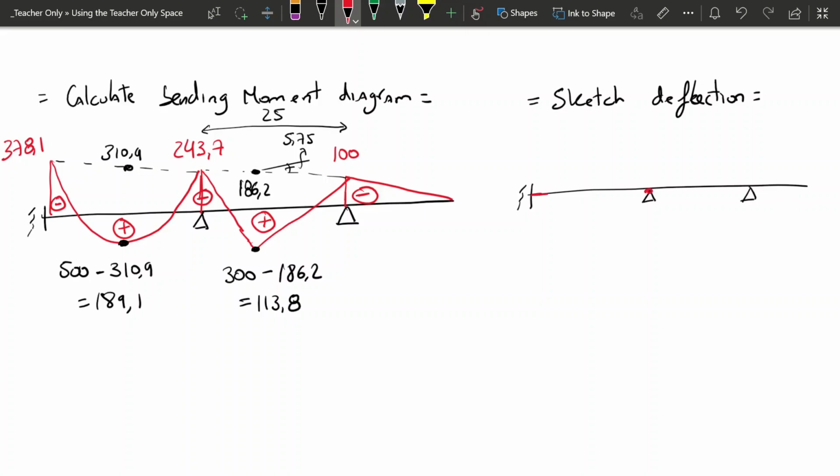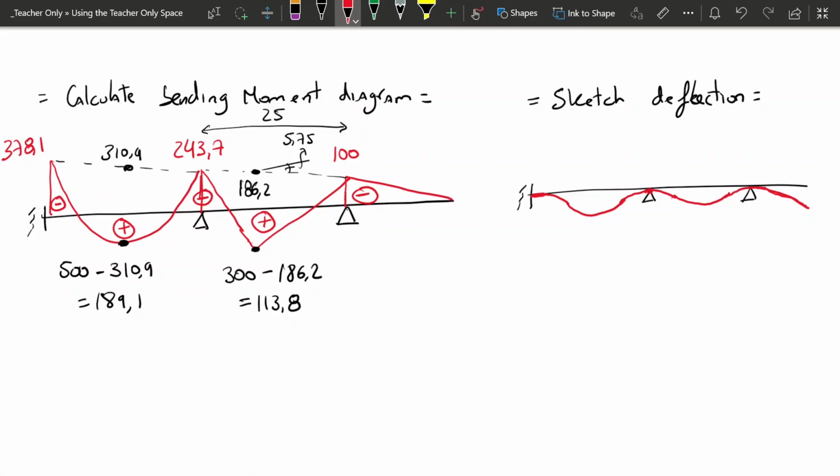So here we have no rotation, no displacement, then it starts curving down, then it starts curving up again, then starts curving down again, then up, then down. And here you can see the moment is always negative, so that means the curvature still keeps tension on the top, okay? So always an unhappy beam. So this is the way you can sketch your deflection in a quick way.